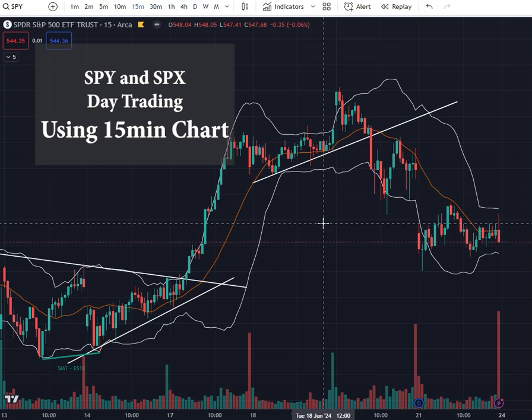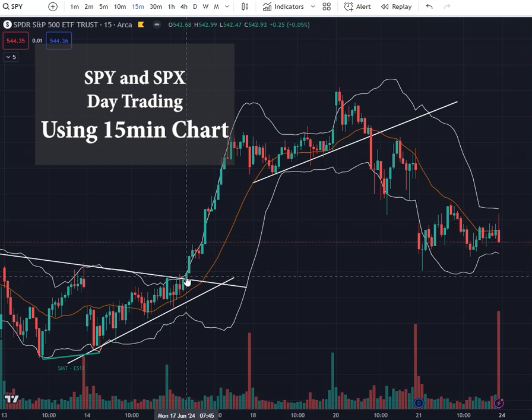In this case, on Monday, July 17th, the price started to go up. But as you see, the market makers basically try to control the price. Although they wanted to increase the price, they try to stay in or around the Bollinger Band line.